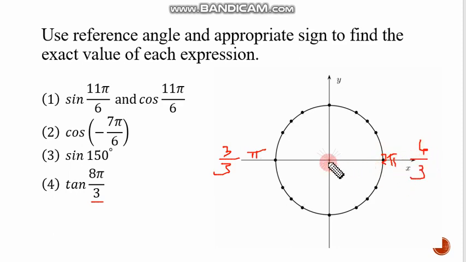So we should divide the upper circle into 3. So 1, 2, 3, and the remaining is here. So that's 6. So we will count counterclockwise. 1, 2, 3, 4, 5, 6, 7, 8. So it's in the second quadrant.